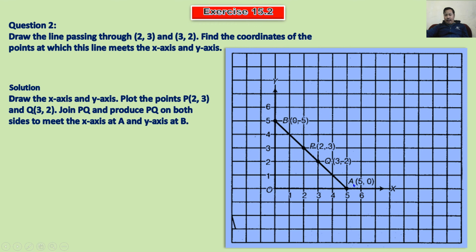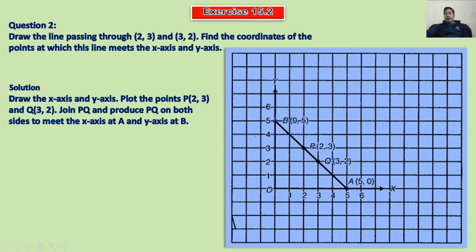So at A, you can see that the line is cutting the x-axis at the point A, where the coordinate is (5, 0). 5 is the value of x, and 0 is the value of y here, because on the x-axis the value of y is 0, isn't it? And another point B that the line cuts on the y-axis is at this point.